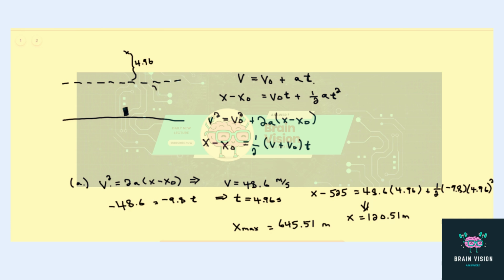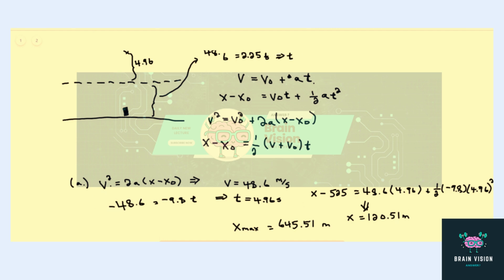We also need the time it took the rocket to get from the ground floor initially up to a height of 525. And so for this, we can use kinematic equation 1. The final velocity is 48.6, and it's equal to 2.25, because that's the acceleration, times t.